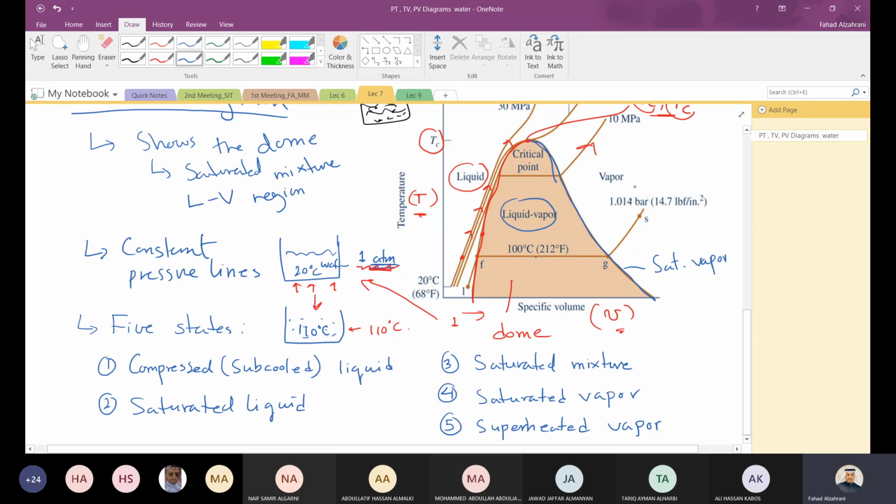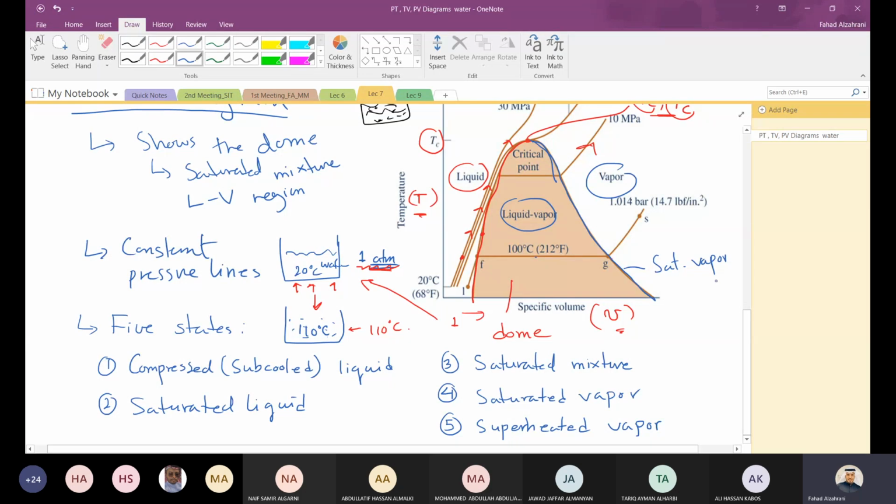And beyond this line, we have what we call superheated vapor. So these are the five different states that this diagram shows, and these are the five states that we will be working with. Depending on each state, I can find all other properties related to that state.